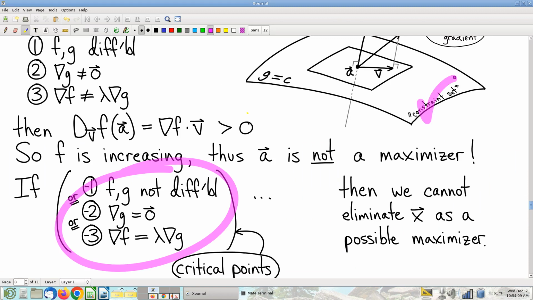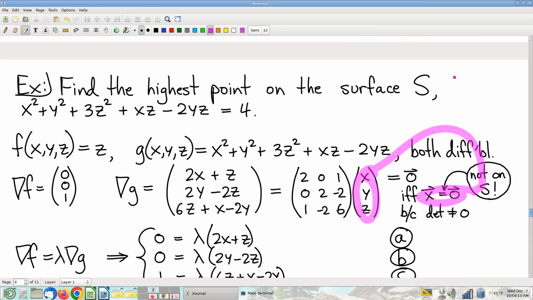We're not interested in any way in any point that's not on our constraint set. And this point here, if you plug it into here, it fails. So what we've just found is completely useless and irrelevant. Right? So not a critical point. It's not on our surface, so we ignore it. Does that make sense to everybody?